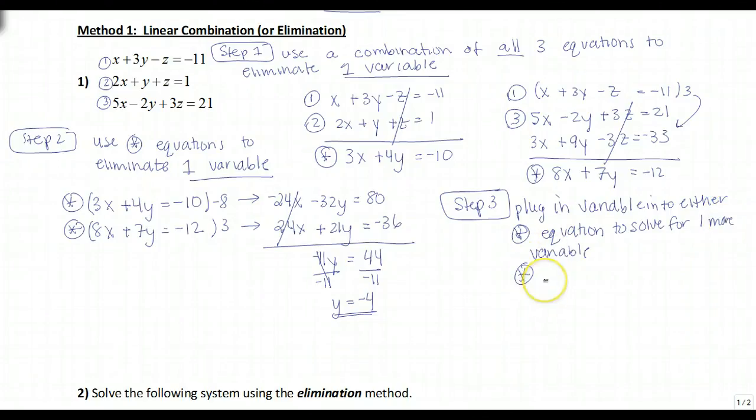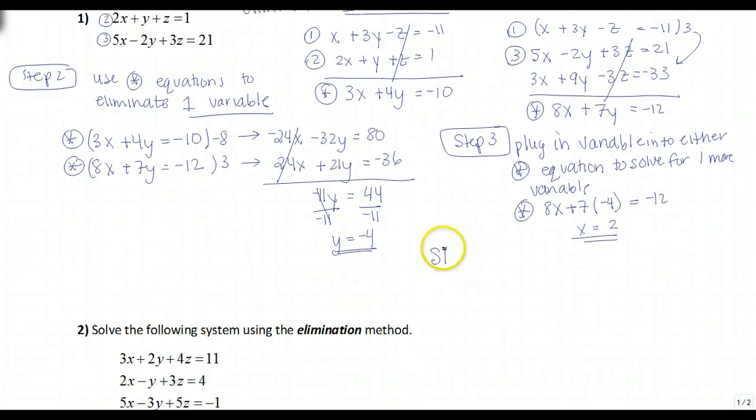You can choose either star equation, it doesn't matter. I'm going to choose the 8x plus 7y equals negative 12. So I have 8x plus 7y, well, now I know y is negative 4, equals negative 12. And then you're all going to be really awesome and solve that, and you're going to get x equals 2. So here's another solution. How about that?